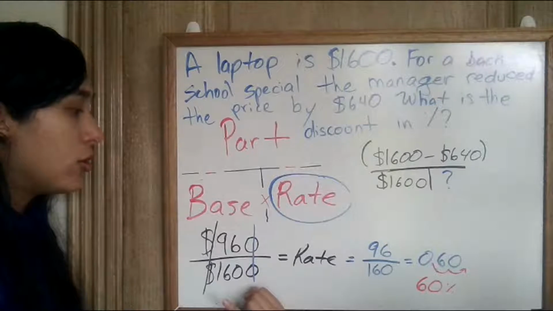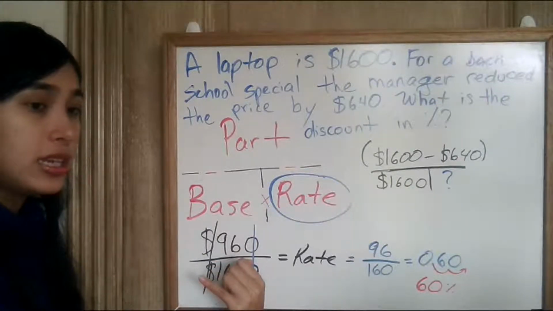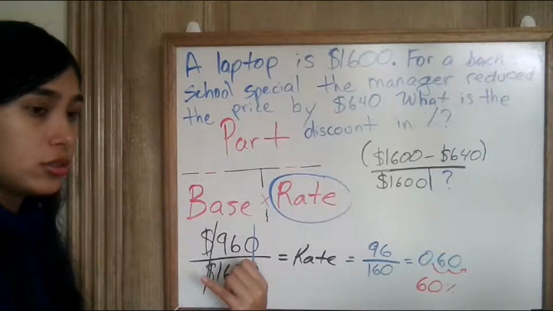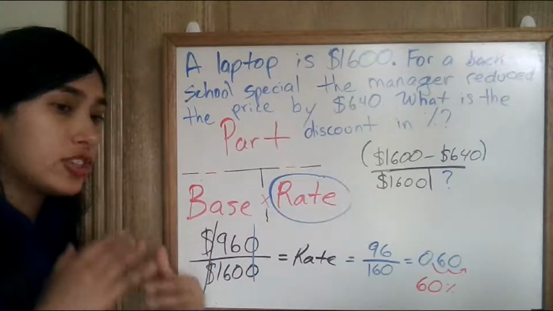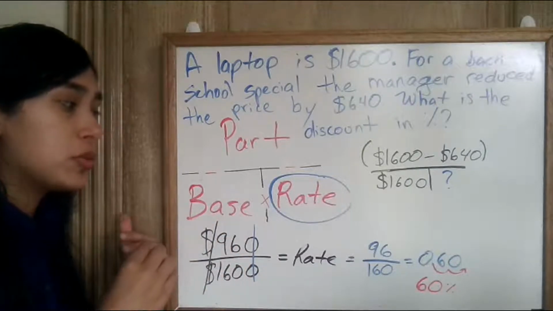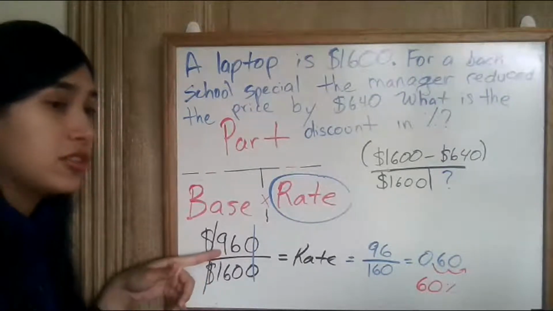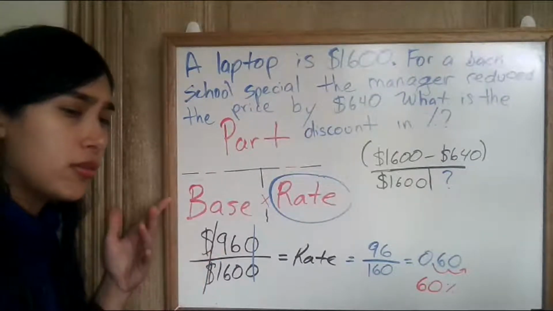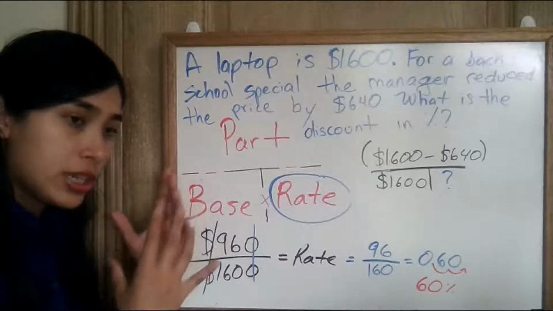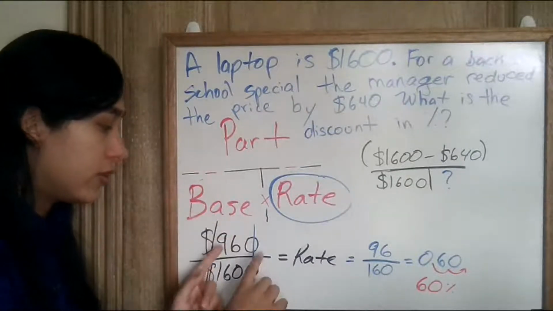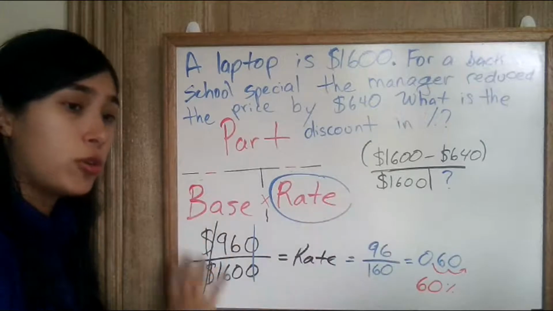So I know for sure that 960 is more than $800. So I can kind of just ballpark it, I know it's 60% because 960 is more than 50%. You're like, okay, where did we get the 50% from? It's just kind of like eyeballing, seeing if we did set up our formula correctly.